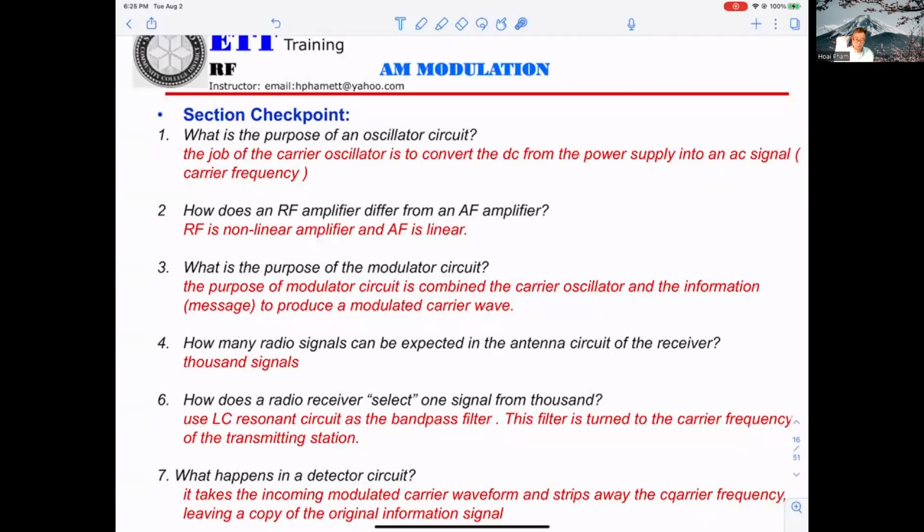You already know. For series resonance, you get the maximum current, and with maximum current you get a minimum impedance.